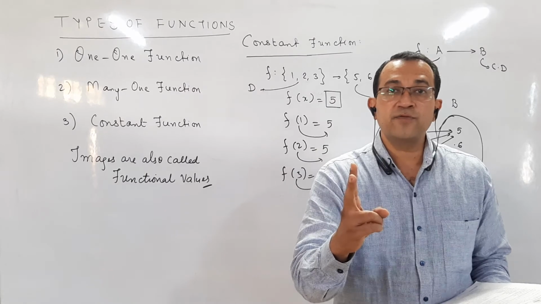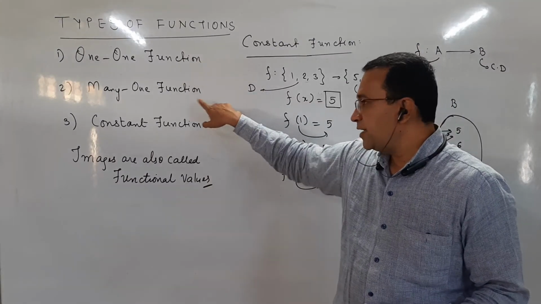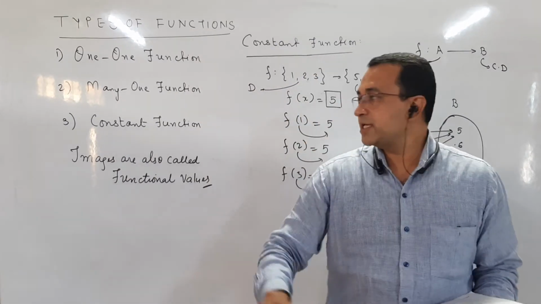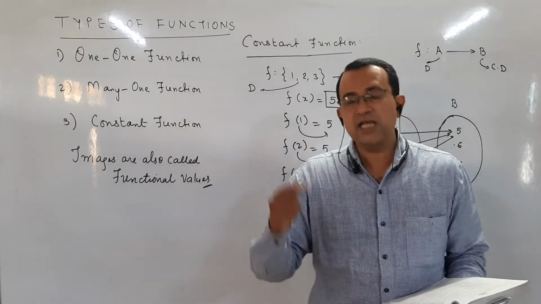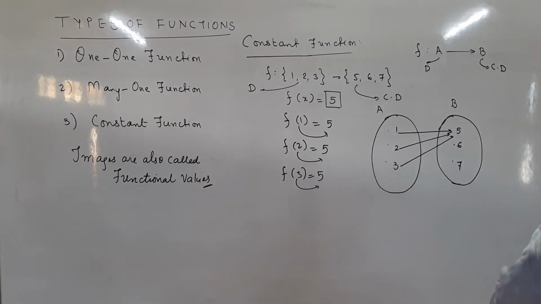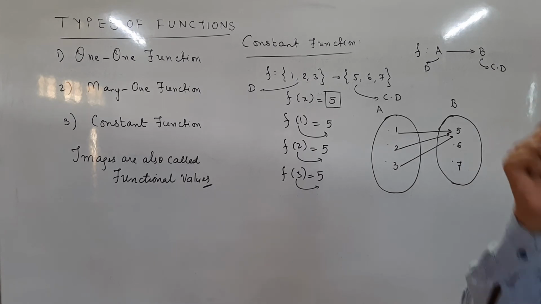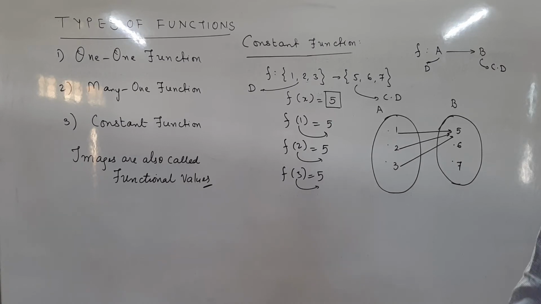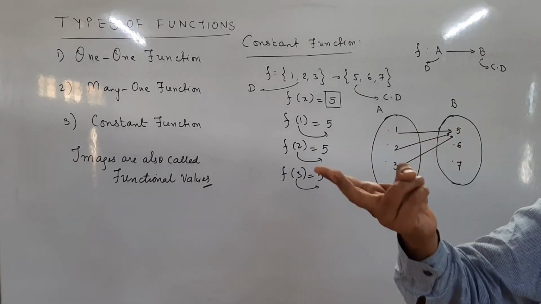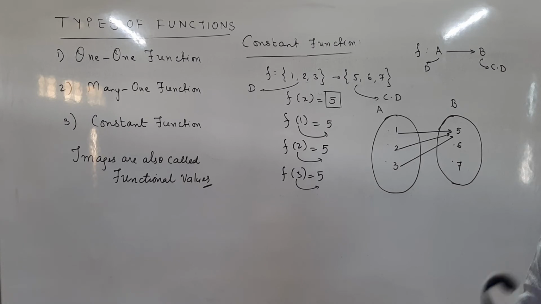If 2 different elements of domain have different images, such a function is one-one. And if 2 different elements of domain have same images or functional value, then such a function is many-one.